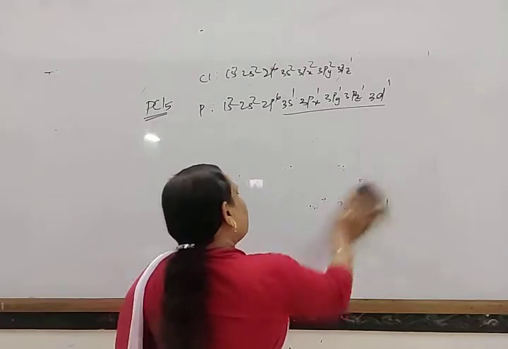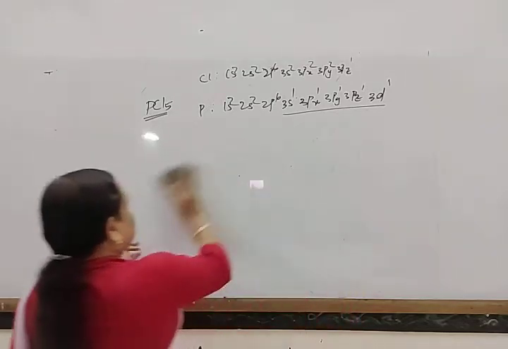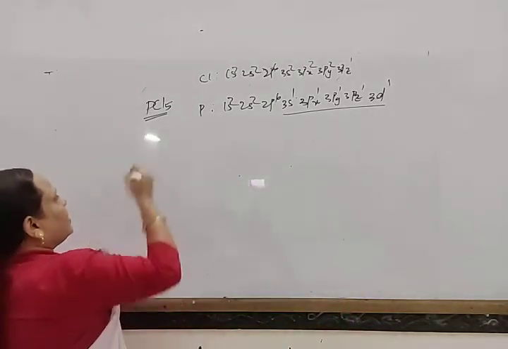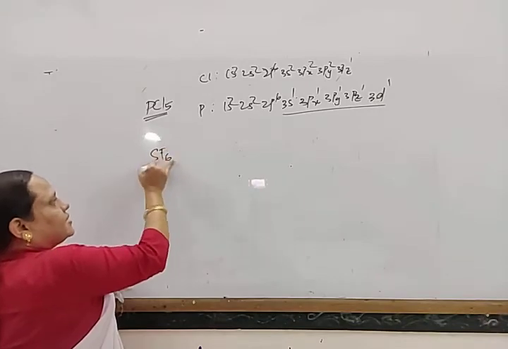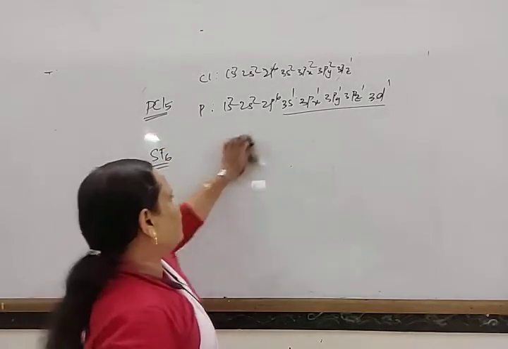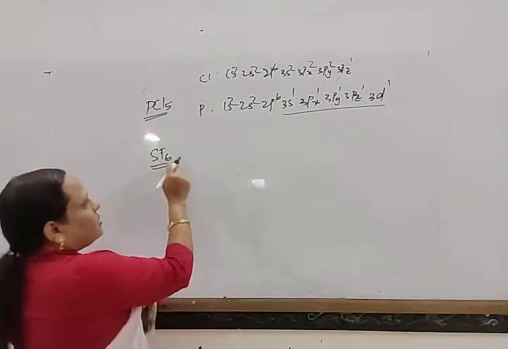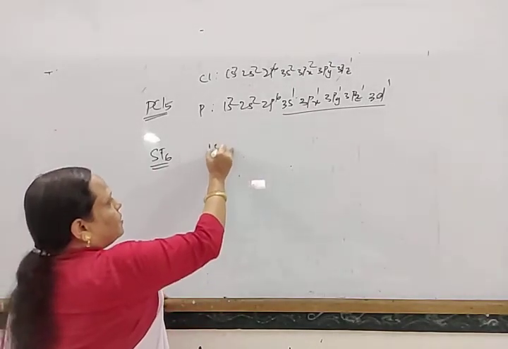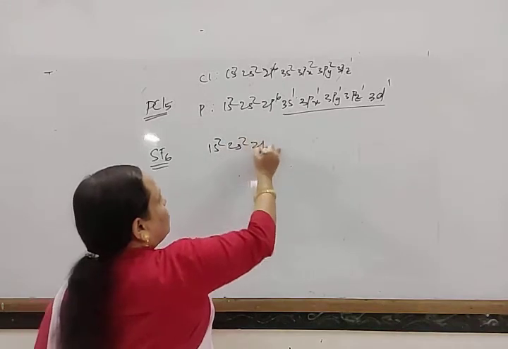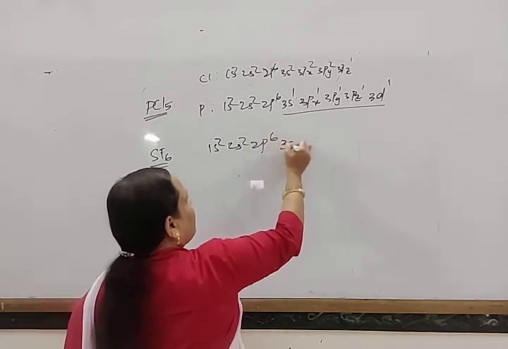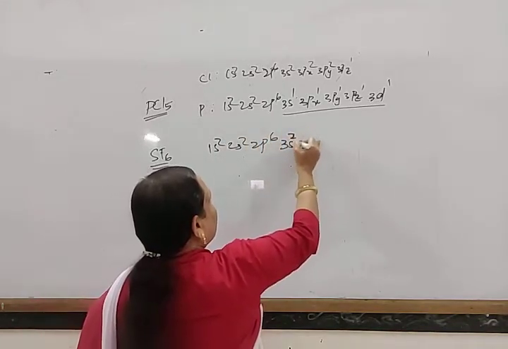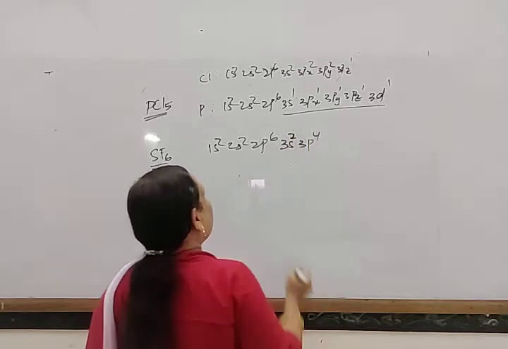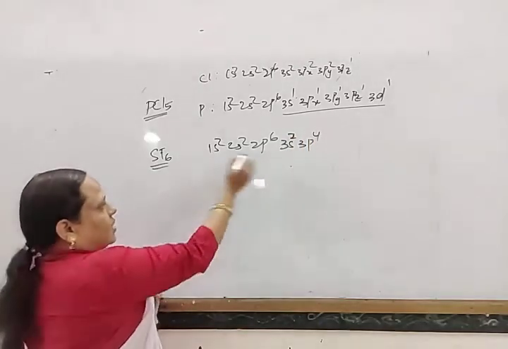Similarly, if we consider another example, SF6, sulfur hexafluoride, it has octahedral geometry. Sulfur has electronic configuration 1s2, 2s2, 2p6, 3s2, 3p4 in the ground state.